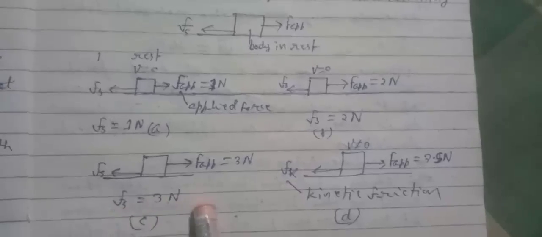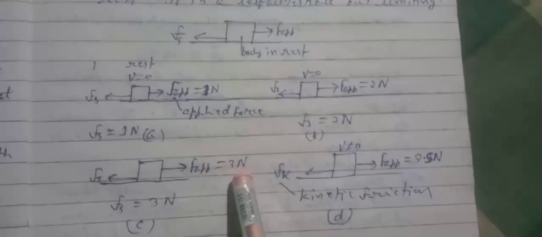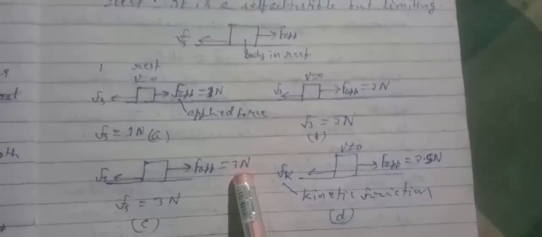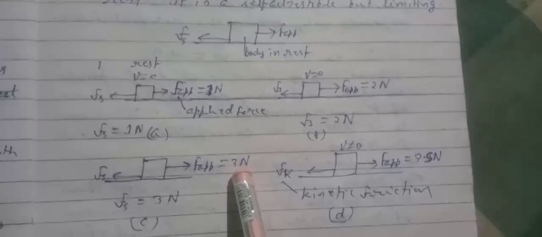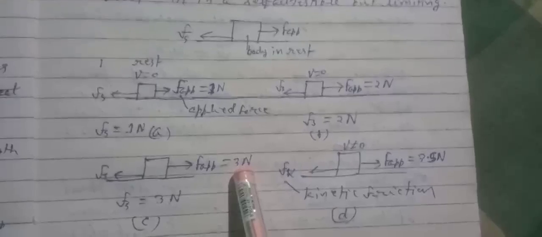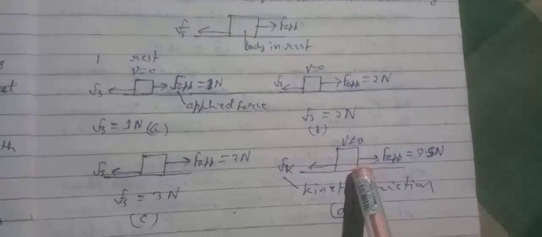Here the limiting friction is 3 Newton in this case. After the body starts to move, the frictional force decreases a little, and during the motion the friction force acting on the body is called kinetic friction. Here this case is shown.